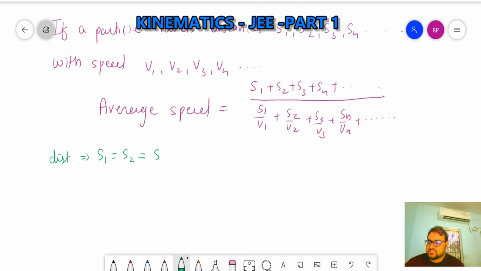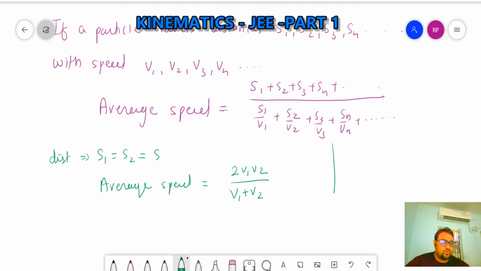If the distance traveled is the same, then the average speed will be equal to 2v1 v2 upon v1 plus v2. Clear? We can also derive it this way. If I put here s plus s upon s by v1 plus s by v2.